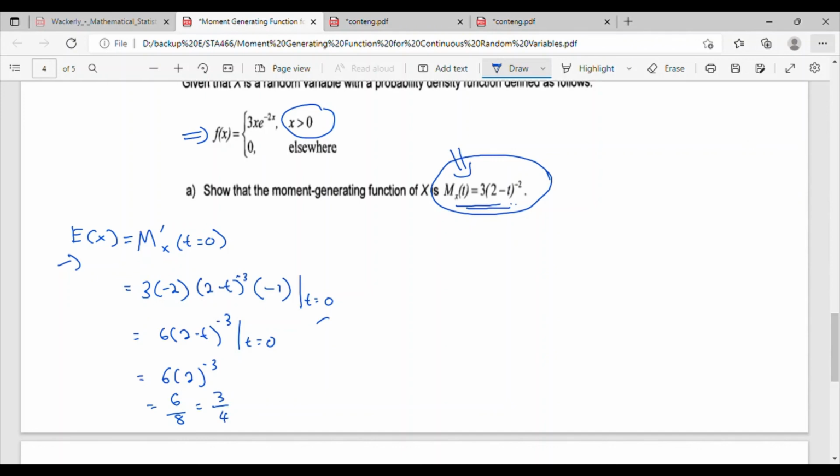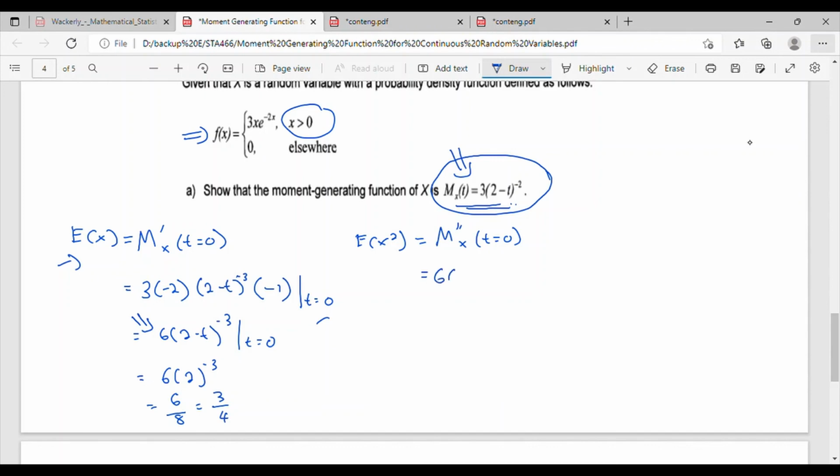Okay, to get the variance, first we need to find the expected value of x squared, which means we need the second derivative of the MGF, then replace t with 0. So differentiate this part again. Since we have differentiated once, differentiating once more means differentiating this function with respect to t.